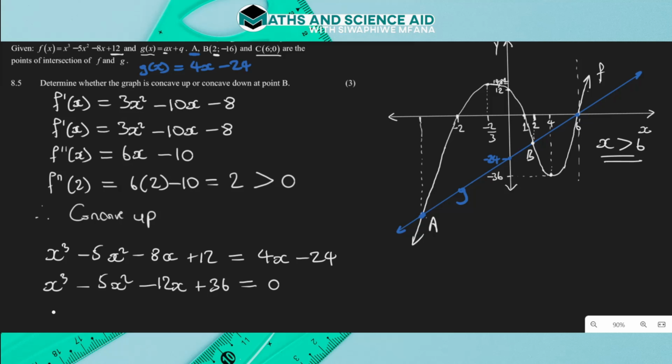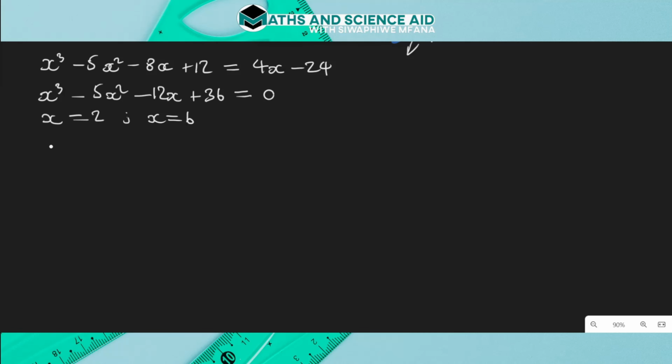So let's just note that we already know here that for this equation, x is equal to 2, and we also know that x is equal to 6. Now we need to know the third value, okay? So we already know two factors. We know that one of the factors will be x minus 2, while another factor will be x minus 6. And we want to know what the other factor is going to be equal to.